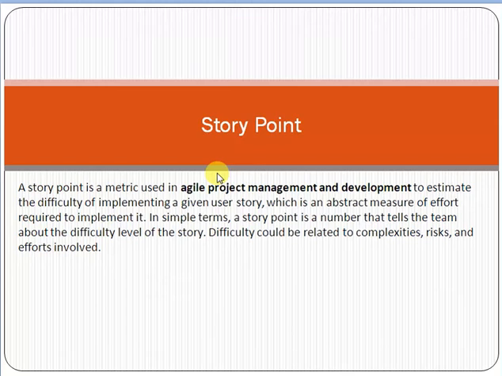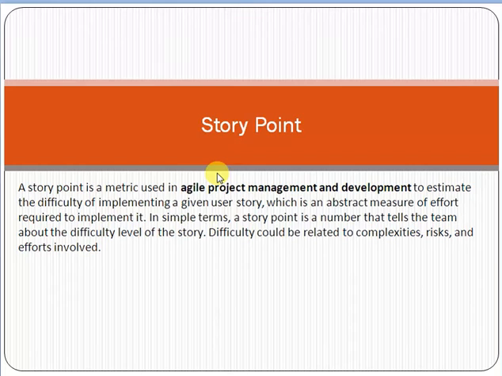If you are a traditional project manager, you may give an answer like, for example, within 5 days we can implement that functionality. In traditional project management, there is a concept of man days. Man days means 8 hours of work for one person, for one resource.